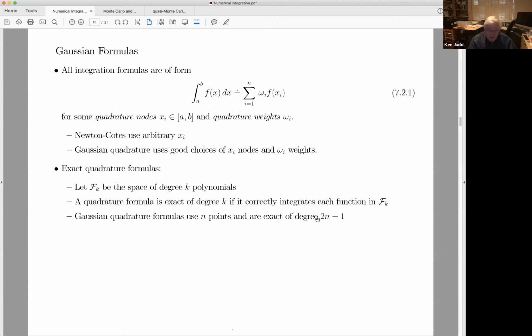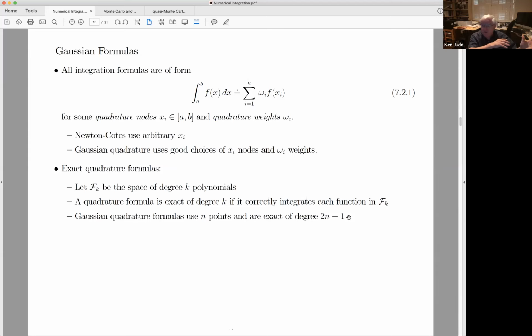This may seem a bit strange, because polynomials of degree 2n minus 1 have 2n free parameters. Now, if we wanted to approximate a polynomial of degree 2n minus 1, we would need to evaluate the function f at 2n points.